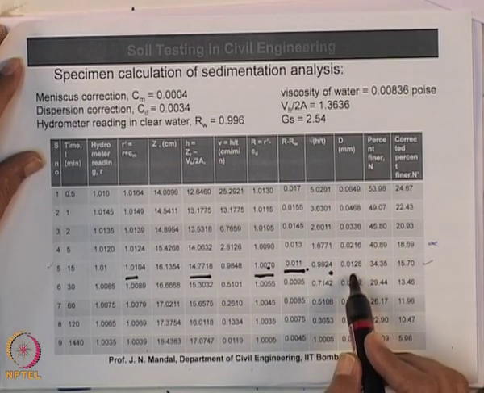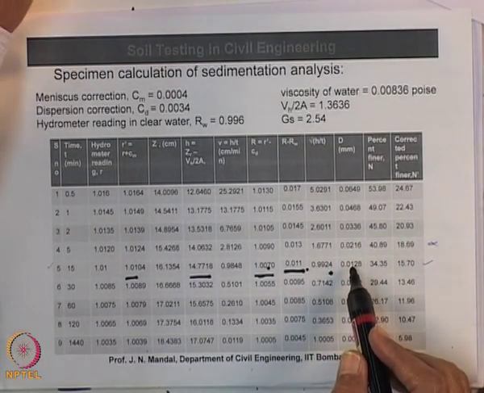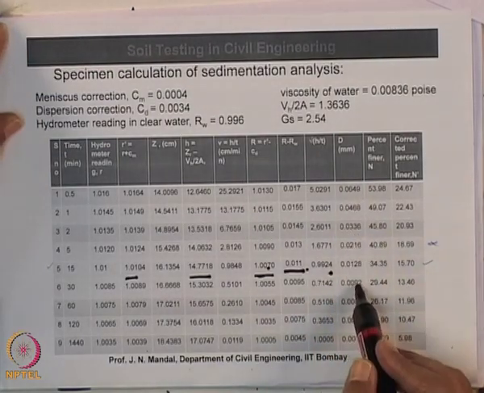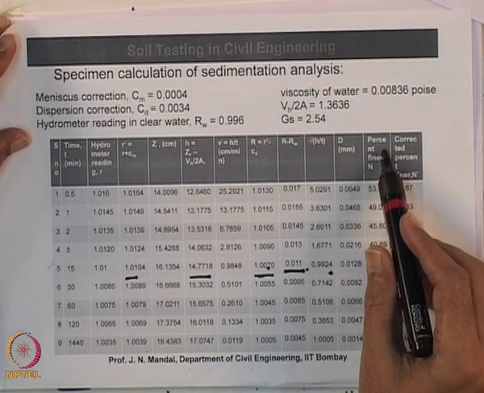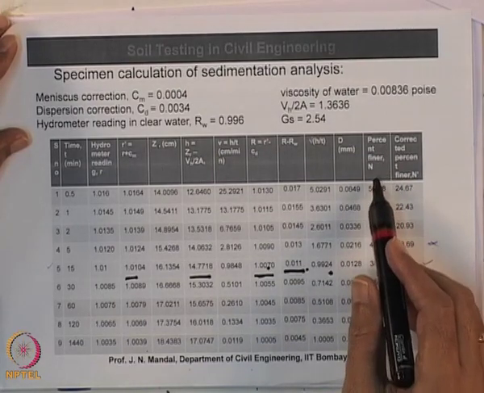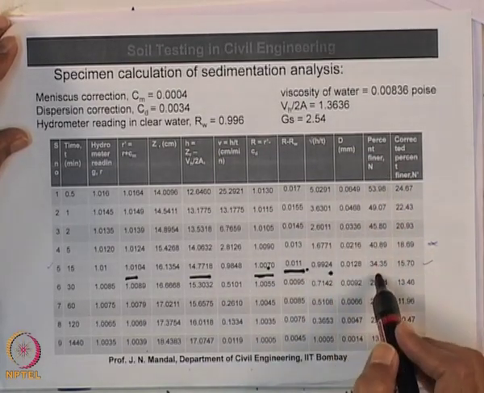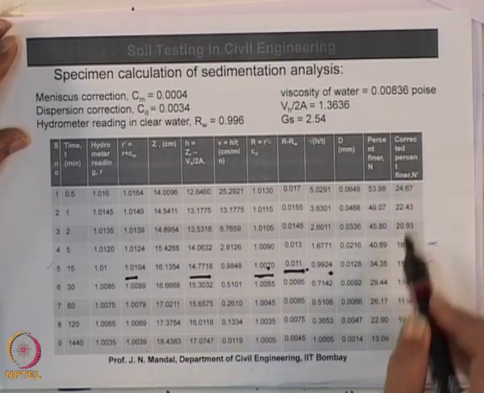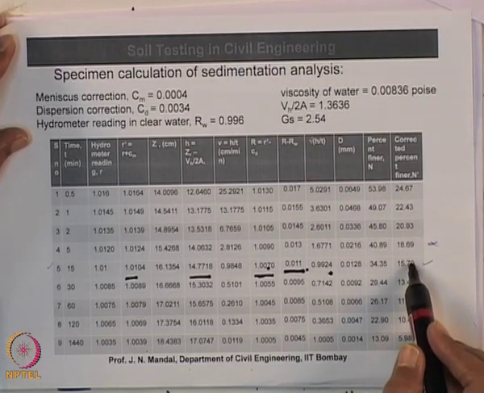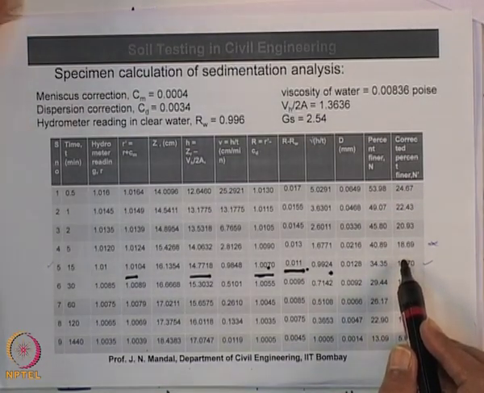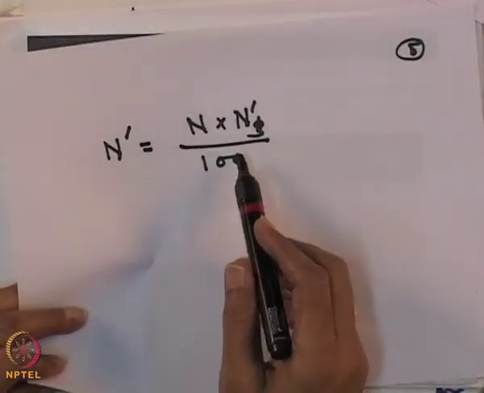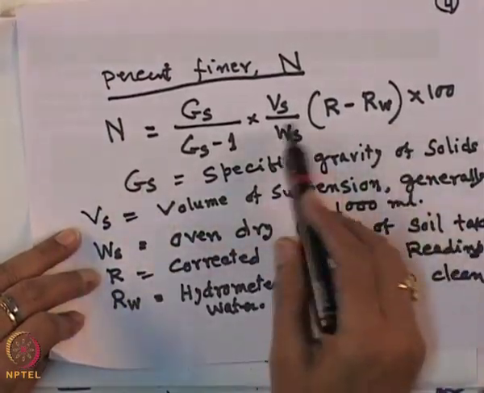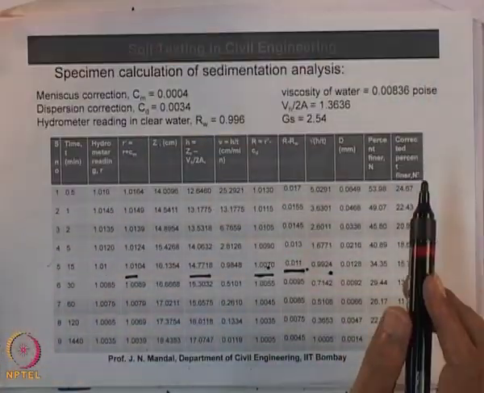You can determine the diameter of the particle, and then you can determine the percentage finer N from the earlier equation, and then you can correct it to percentage finer N dash, which you can calculate as 15.70, as I showed you in the earlier equation. Also for the N equation we have shown how to calculate with RW.